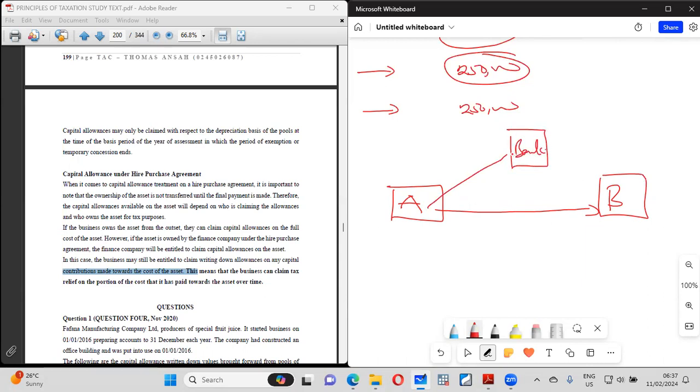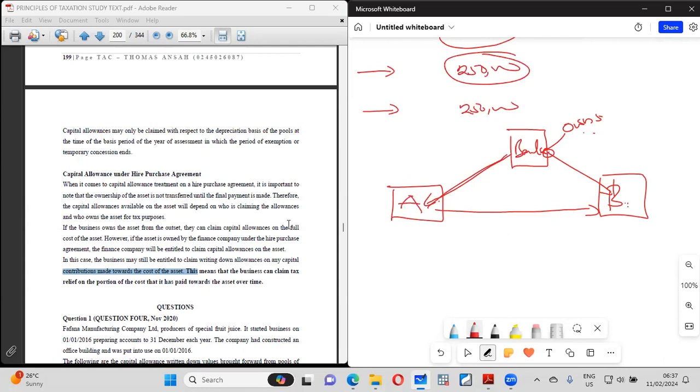So what is going to happen is that the bank will acquire the asset from B. The bank will grant the asset to A. So you see who is actually paying the B party is the bank. So in this case, the bank owns the asset. So actually, the bank should be the one to claim capital allowance by the rules of capital allowance.